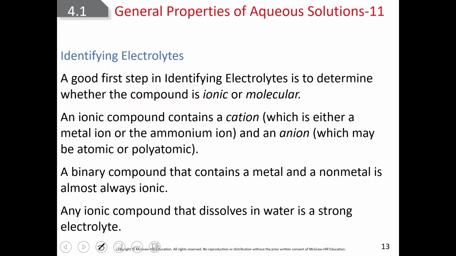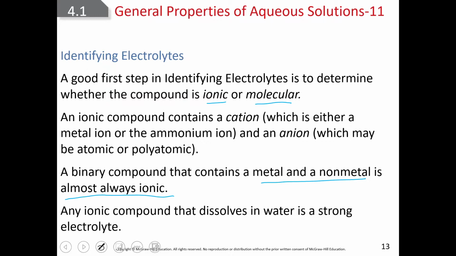So when we're identifying strong and weak electrolytes, you need to be able to understand, first of all, is it ionic or molecular? That's your first question. If it's ionic, meaning cation and anion, it will dissociate into its individual ions. If it's a binary compound that has a metal and a nonmetal, it's always going to be ionic.